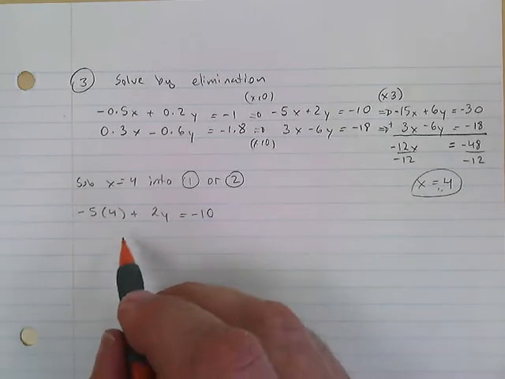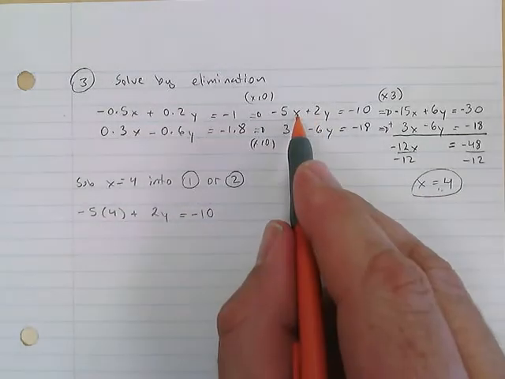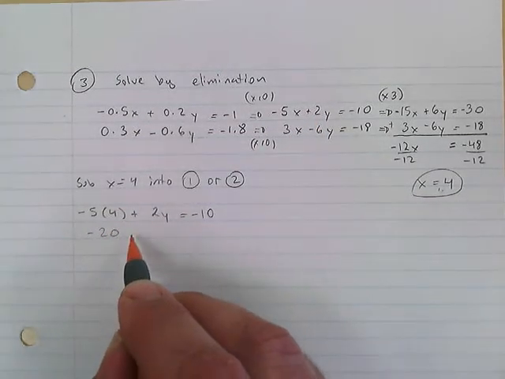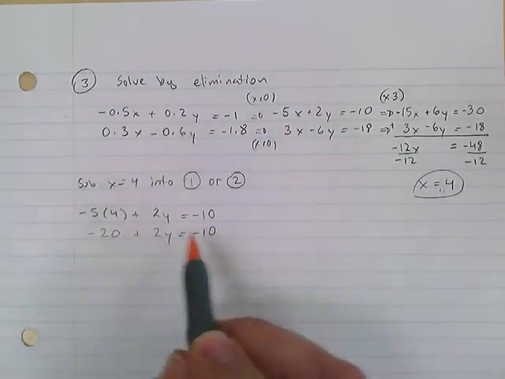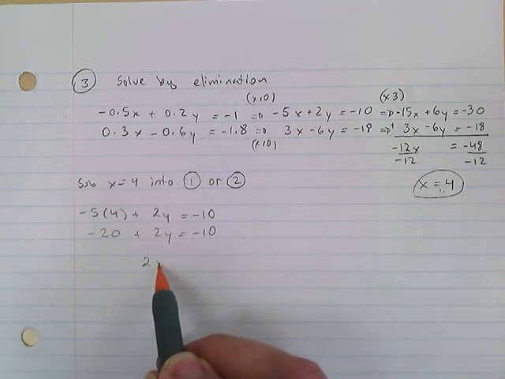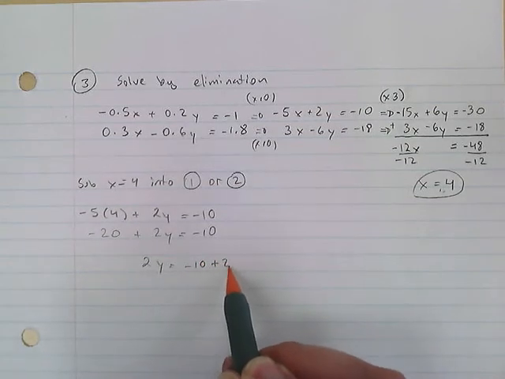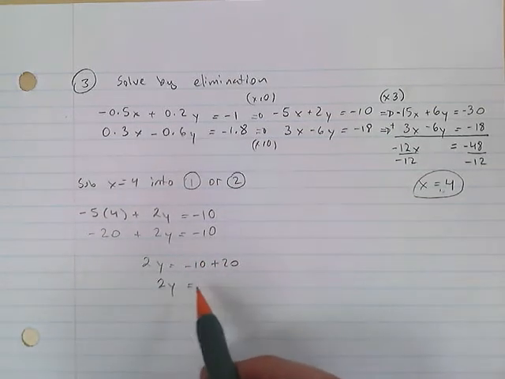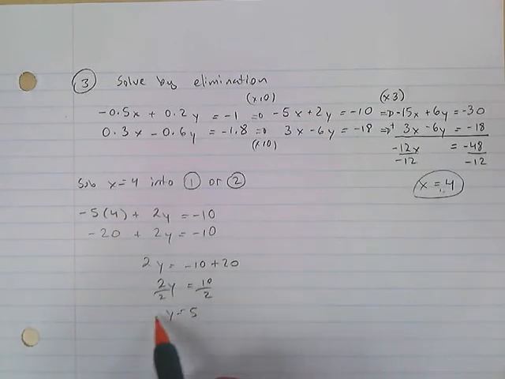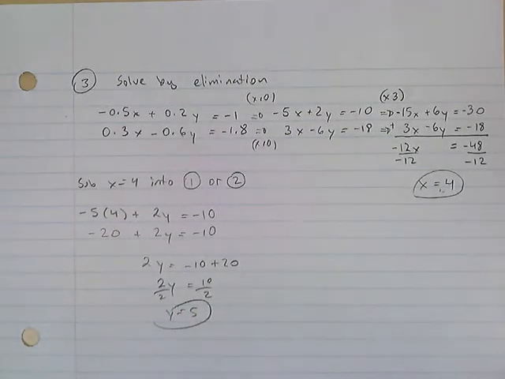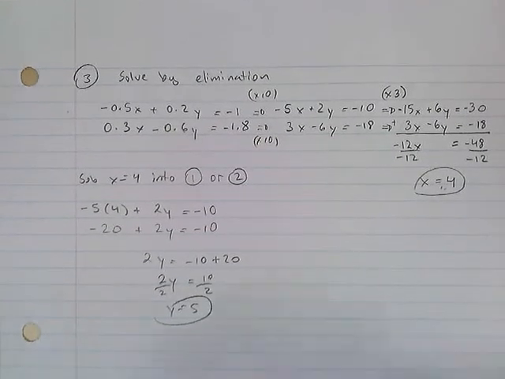And here you have, if you plug in the x into the first one, negative 20 plus 2y is equal to negative 10. The 20 comes over adding, so 2y is equal to negative 10 plus 20. 2y is equal to 10. Divide both by 2. Y is equal to 5. Okay? And there is your answer.